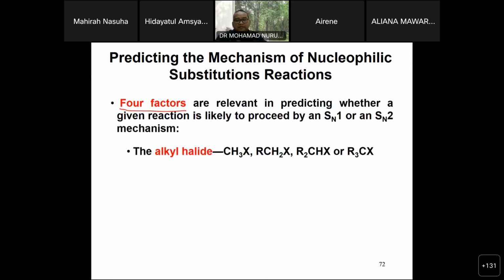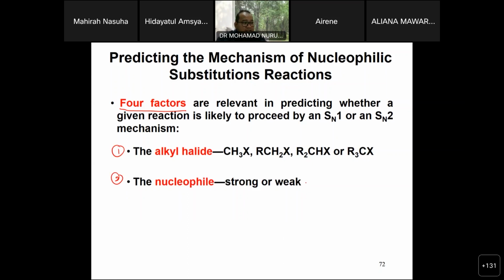Sometimes we give reaction diagrams or reaction schemes and want you to draw the products, the proposed structure, or the mechanism, and these are the rules for that. The first one is that you have to determine the alkyl halide. The second one is that you have to determine whether the nucleophile is strong or weak.